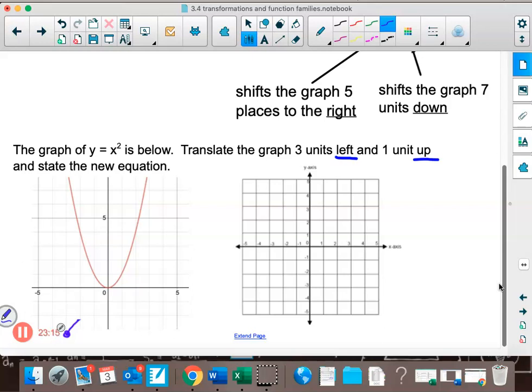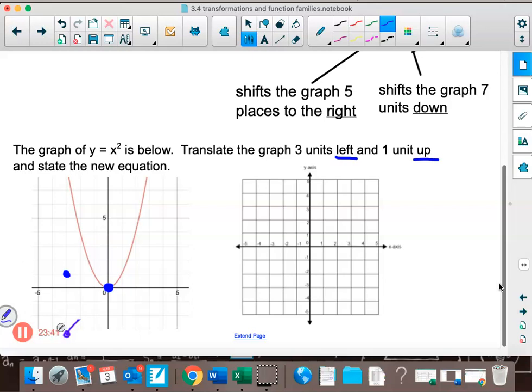If you're ever stuck, like I just don't know how to start, pick a point, right? Say I pick 0, 0, and then just walk 1, 2, 3 to the left, 1 up. That's your new point. This is called the vertex of the parabola. That's your new vertex.